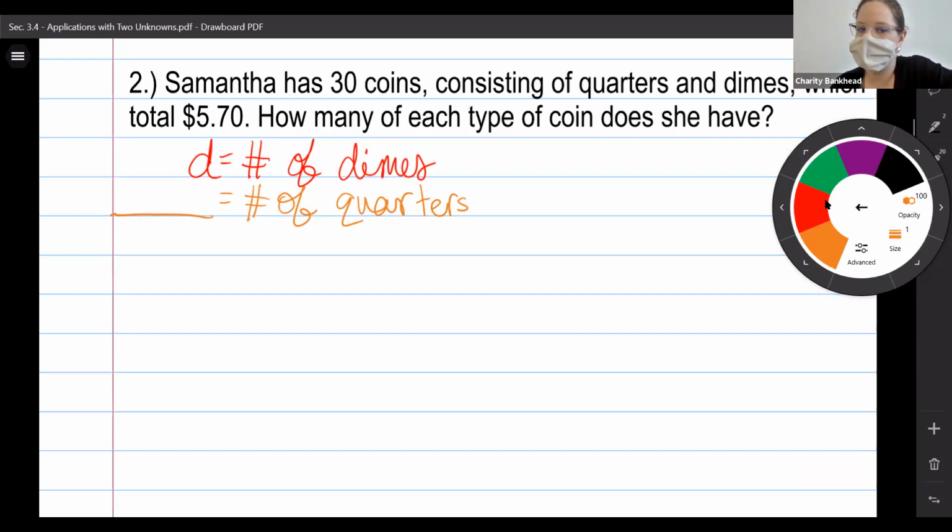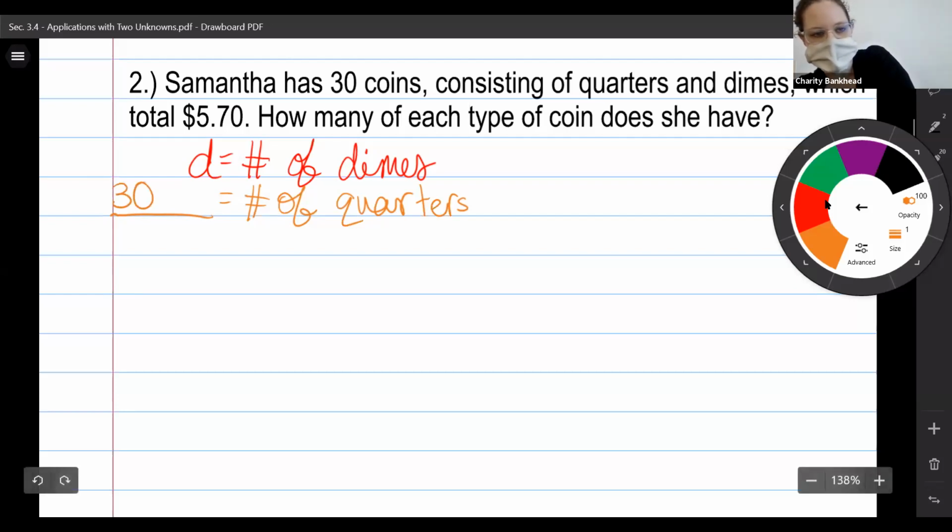So if I told you that 10 of them are dimes, how many of them are quarters? 20. And how did you come up with 20? 30 minus 10. So what you did is you took 30 minus the number of dimes to give you the number of quarters. So we could just write that down, 30 minus D equals the number of quarters.